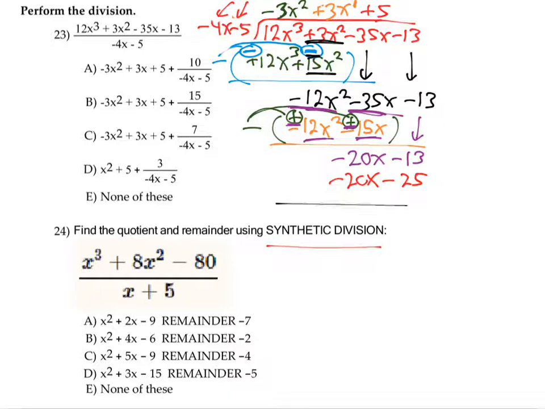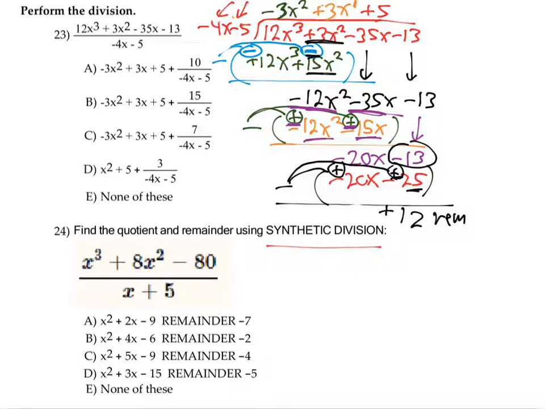All right, we need to now subtract, which means that minus sign is going to go boom, make that a plus, and boom, make that a plus. −20x + 20x, 0. −13 + 25 is +12. So, get rid of that 0. That must be the remainder.